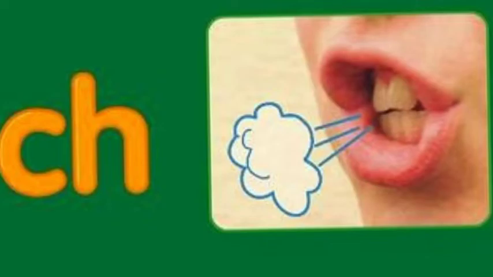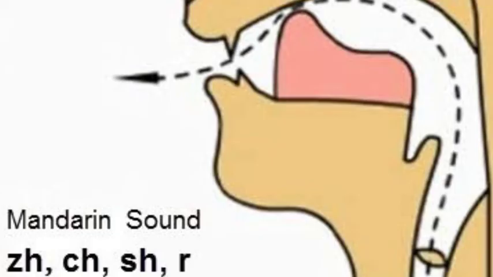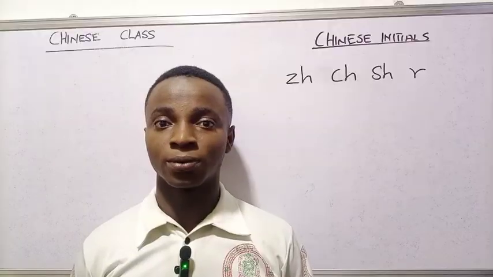For the third one, the tongue tip doesn't touch the hard palate, leaving a gap all along. The only difference between the third one and the fourth one is that the fourth one is pronounced with the vocal cords vibrating.